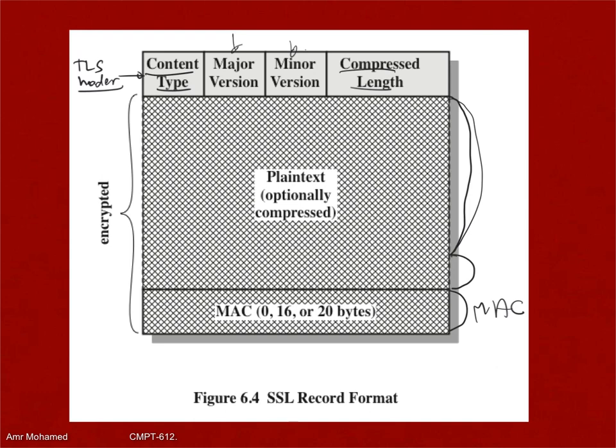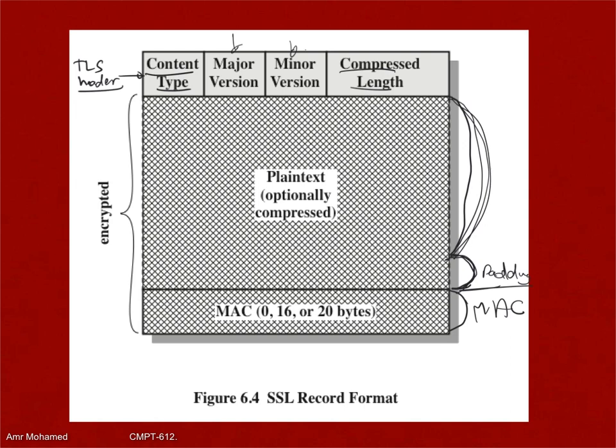But there is a difference between the length for this particular part and the MAC. The MAC, we know the MAC. But the compressed length is the length up to here. So there is a small part here which is used for padding. Yes, it's for random padding. The same thing we did in IP. Random padding again is used to mitigate traffic analysis.